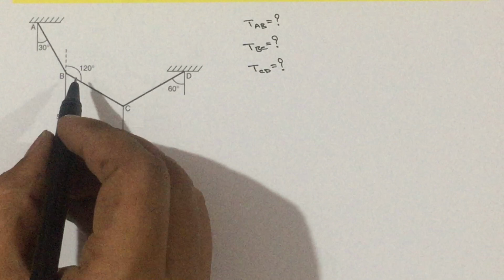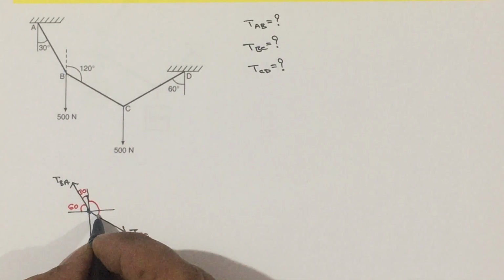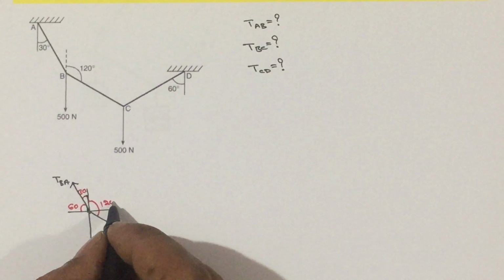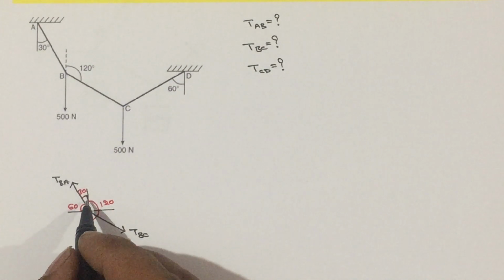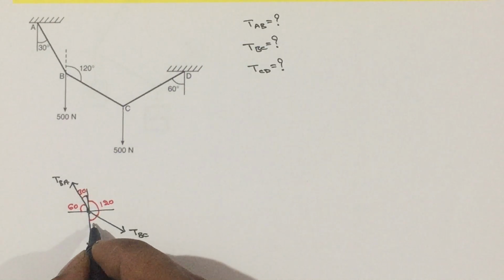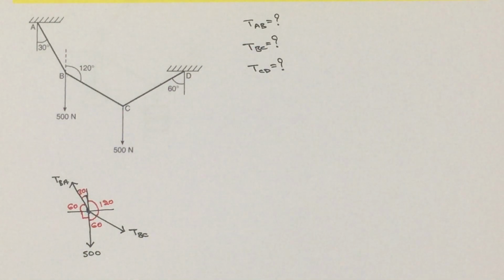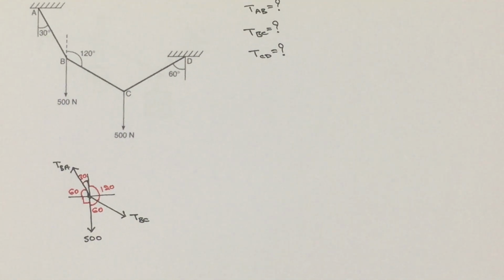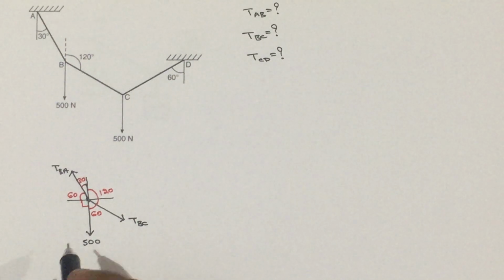Then the BC line is making 120 with respect to vertical. The total angle here is 120. Therefore the remaining angle, out of the total 180 degree, if we deduct 120, is 60. Then this angle is 90 degree. So, this will be the free body diagram at point B.